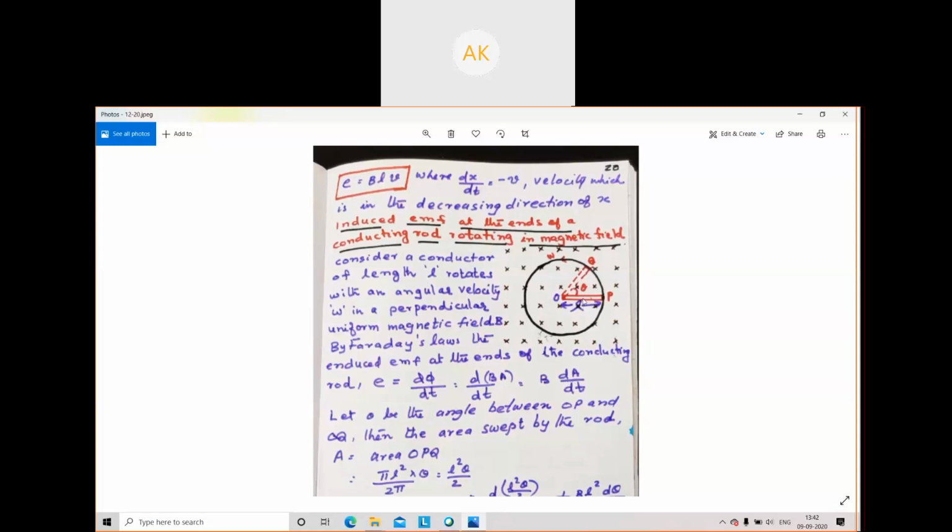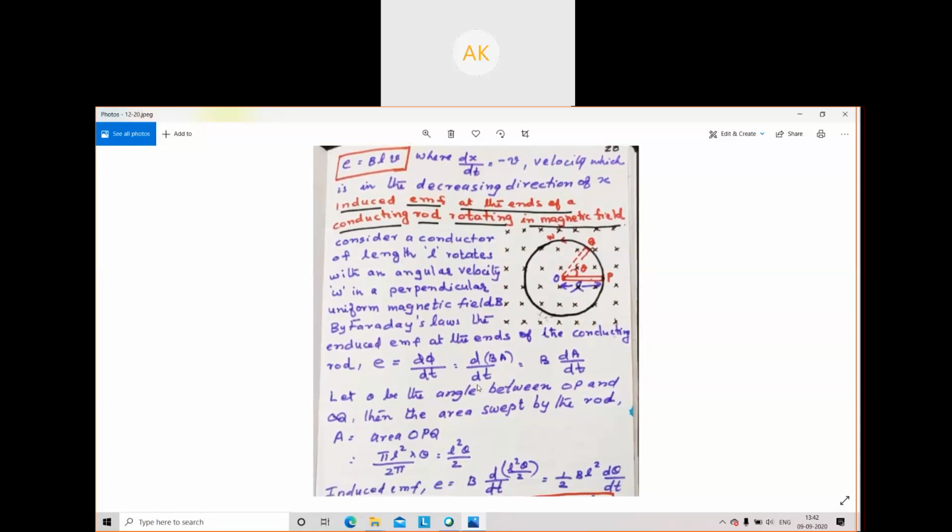As the rod is rotated, the area enclosed by that closed part will be varying, so we have to differentiate B into dA by dt. So we got the EMF, and the A you have to substitute here for different cases. So let theta be the angle between OP and OQ. Then the area swept by the rod A equal to area OPQ.